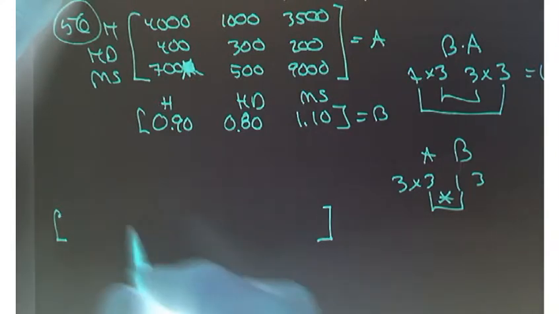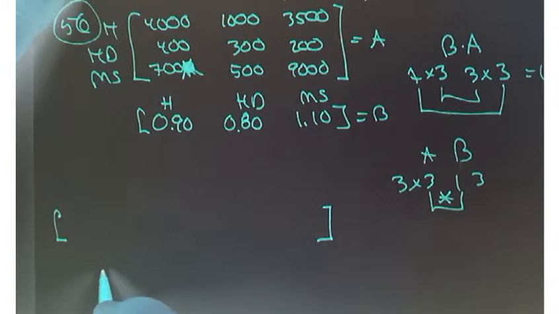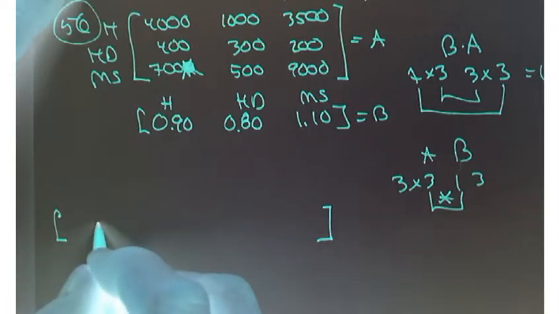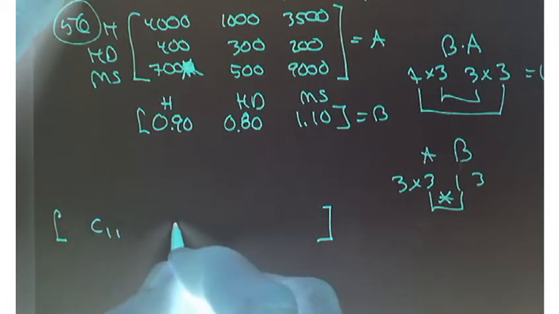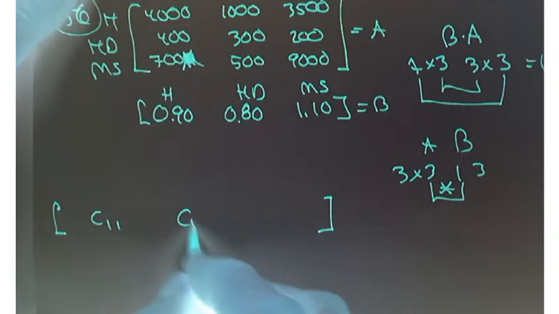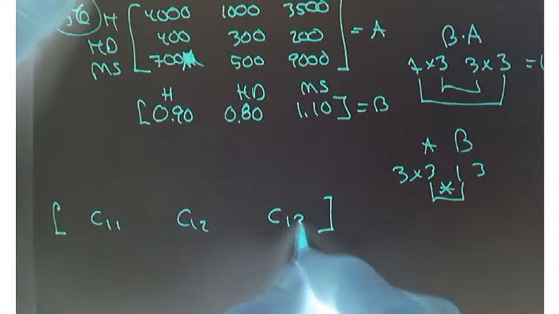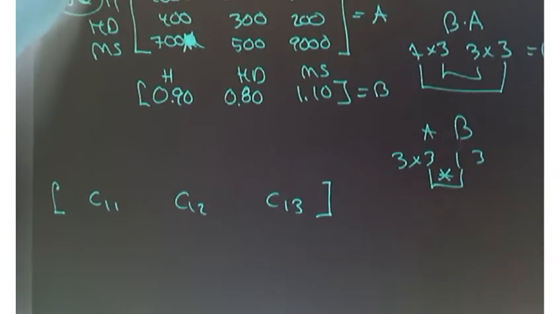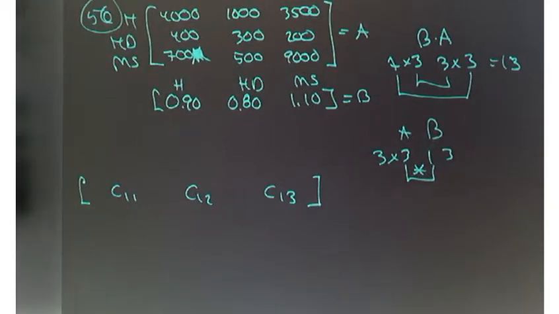C, for cost, or for cash? All right, so we'll call this C11. What would this next element be? C12 and C13. Okay. Let's figure out each of these terms here.